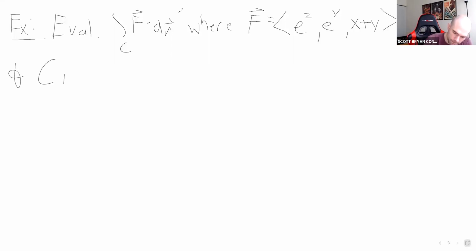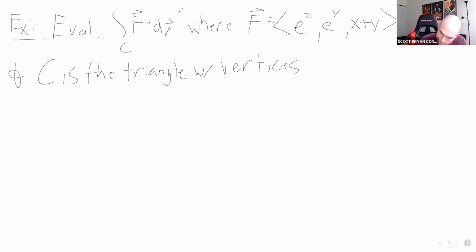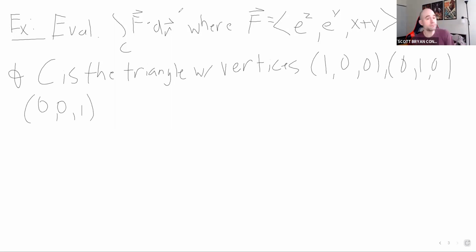And C is going to be the triangle with vertices (1, 0, 0), (0, 1, 0), (0, 0, 1). And because we're integrating a vector field, we need to specify an orientation on this triangle.